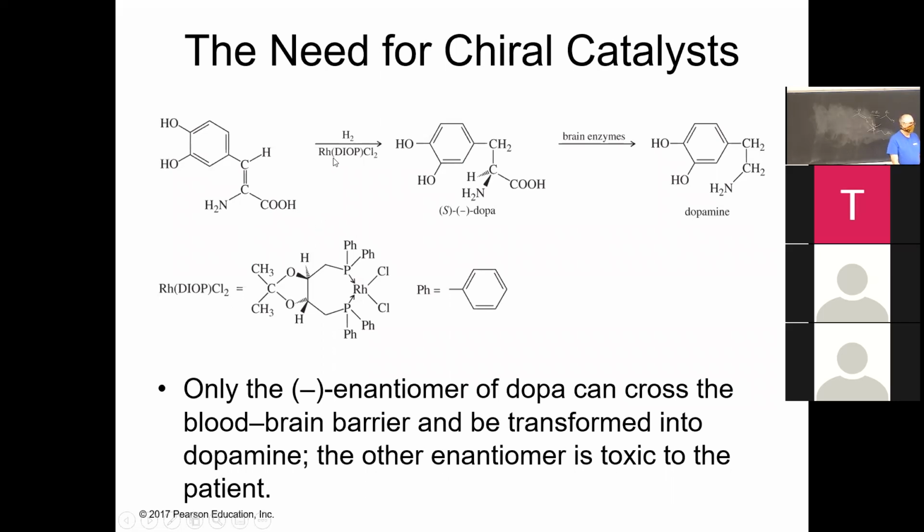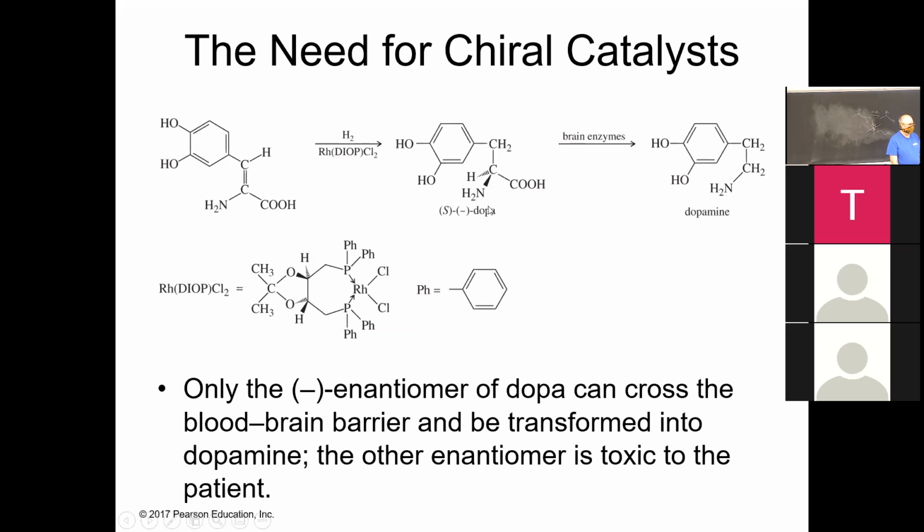This is an example of a chiral catalyst. This is its structure here. Because of that, we can start with this alkene, and we hydrogenate it stereoselectively, and that gives the S isomer.